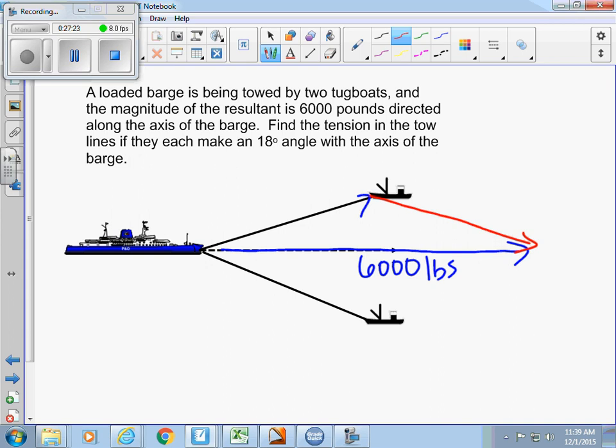So that's what I'm looking for. Because it's an 18-degree angle, isn't that right there? Left or right, those are both 18, right? Draw a straight line from the 6,000. Because this is tip to tail, right? Wouldn't you agree that this is 36?